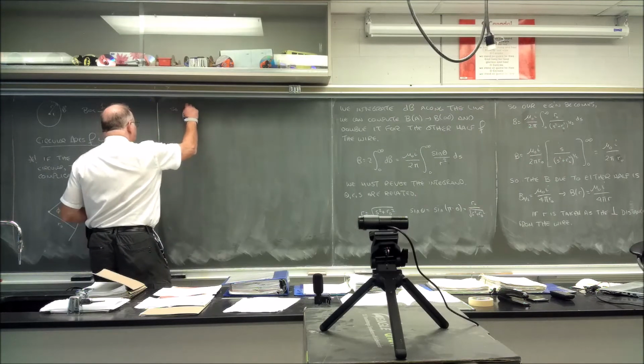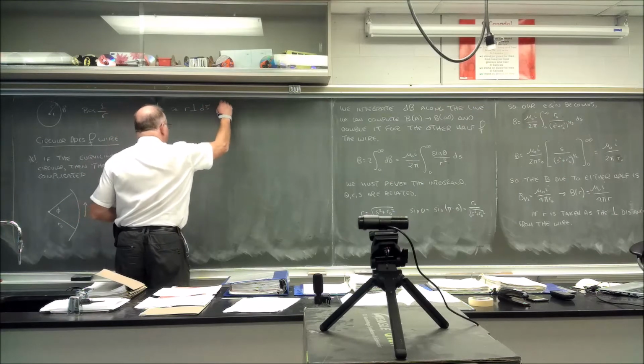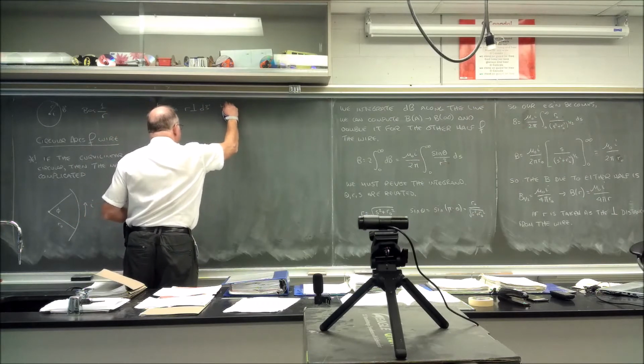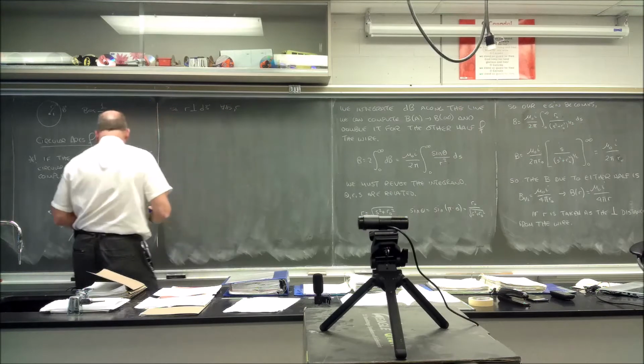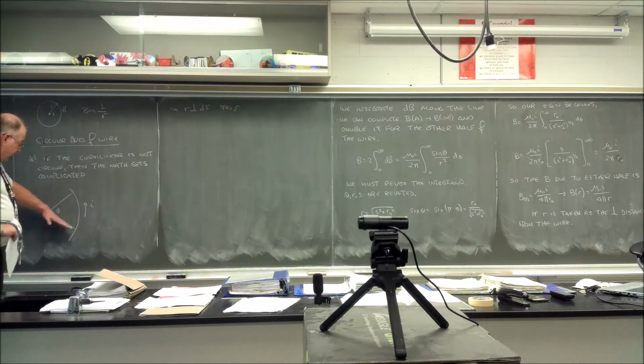The R is perpendicular to ds for all s, so it simplifies the math because our cross product will be a simple product instead of complexity, which makes it a bit easier for us.